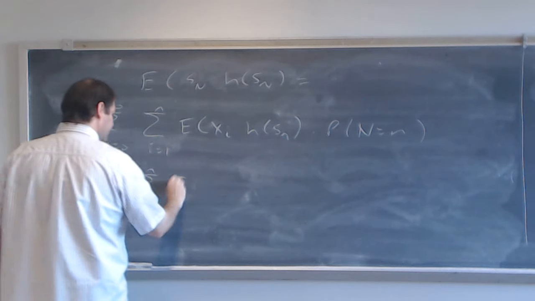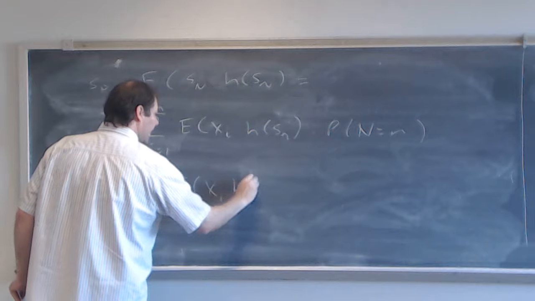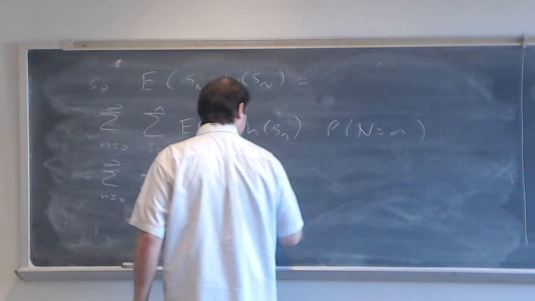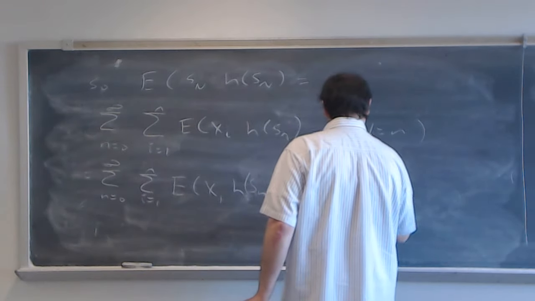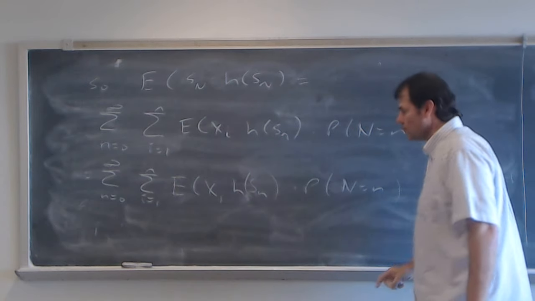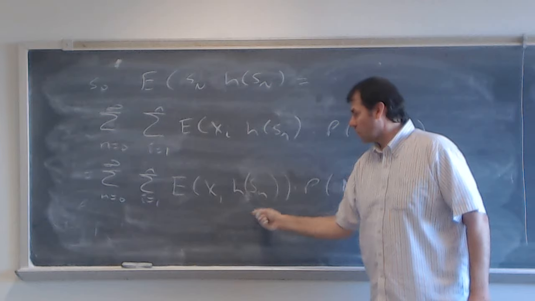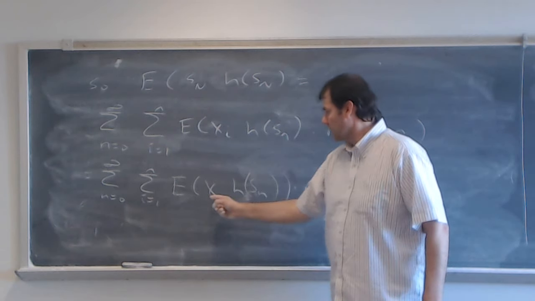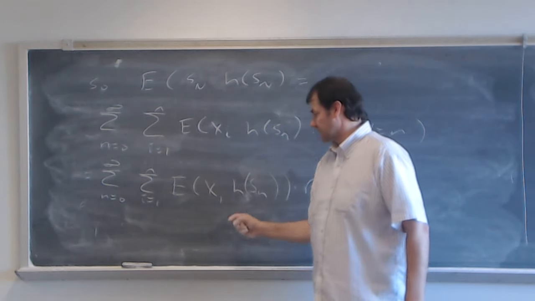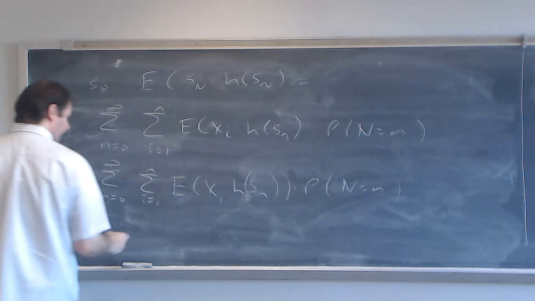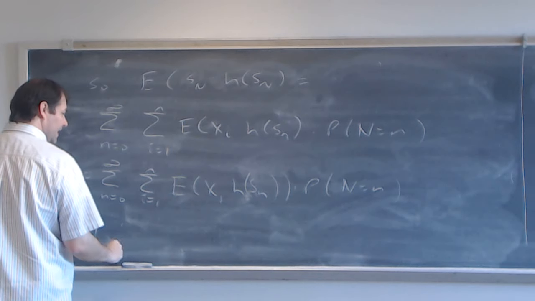So might as well put the expected value of x of 1, h of S of n, times probability that N equals n. But this is one thing. Okay? It's a constant, if you will, and so it doesn't depend on i. And so there are going to be n of them.